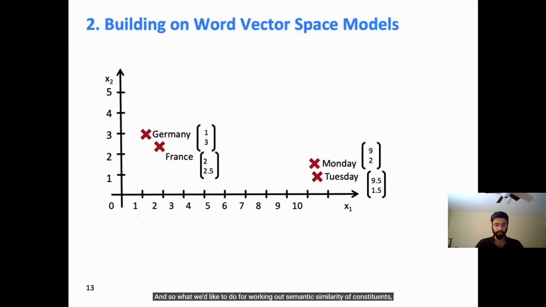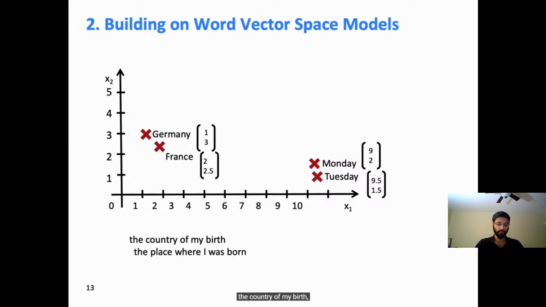And so what we'd like to do for working out semantic similarity of constituents is we want to not only have a word vector space like we started off with right at the beginning of the quarter, but we'd like to be able to take bigger constituents like noun phrases, the country of my birth, and the place where I was born, and also give them a meaning.